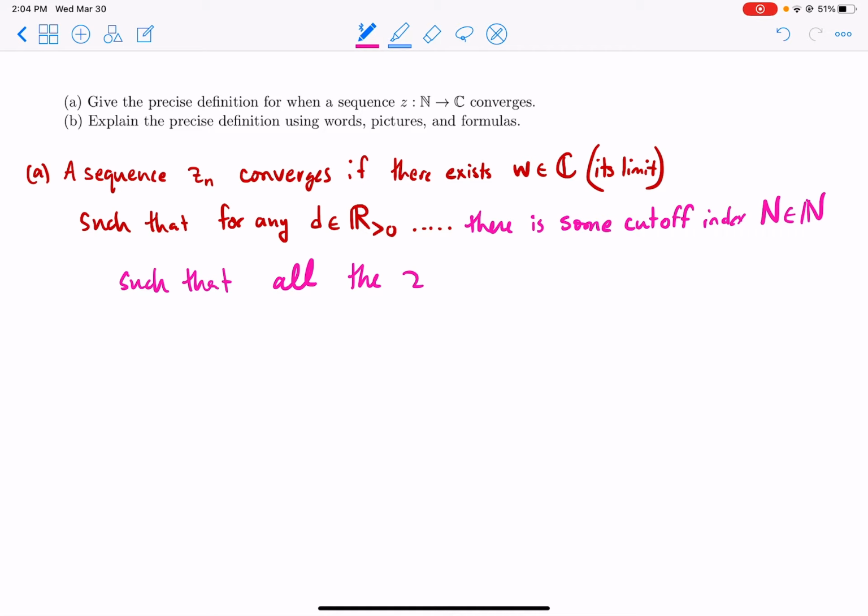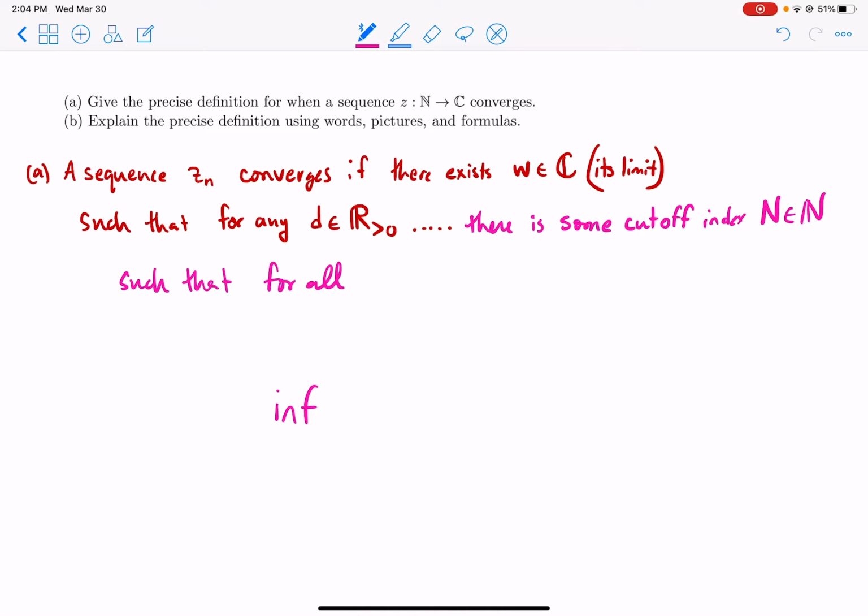Some cutoff index n such that all the z sub n past z sub capital N, which is such that if little n is past capital N, or maybe even for all, let's say it that way, we need all the infinite tail.